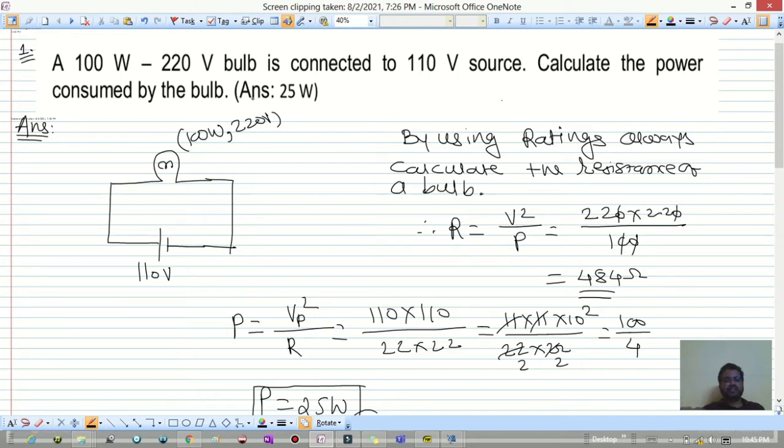And if I give a voltage greater than 220 volt, then the bulb will get fused. Okay, so these 3-4 points are really very important. These all points will be beneficial for your preparation.